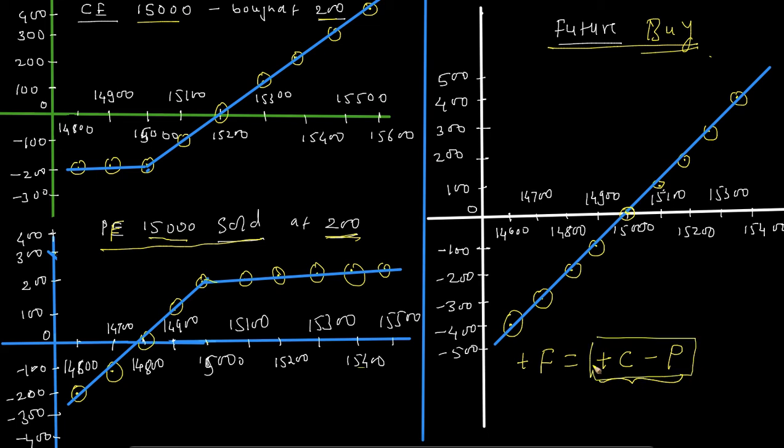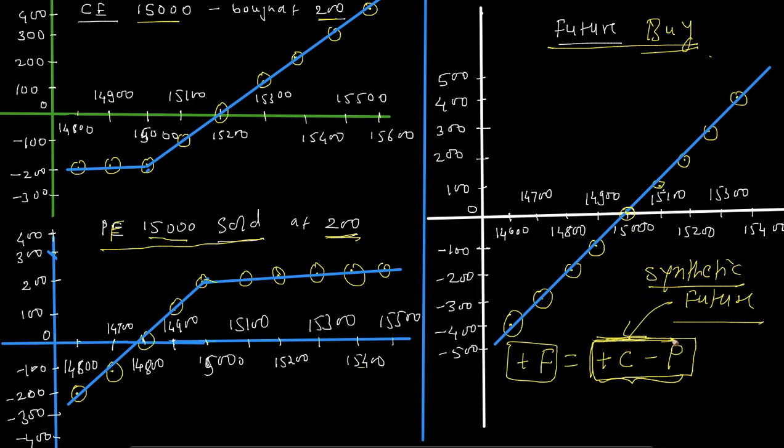This is equivalent to this future. This future is called a synthetic future. It will yield the profit or loss exactly equivalent to this future, but it's not a future actually. We are making a future from a call option and a put option. That's why it is called a synthetic future.